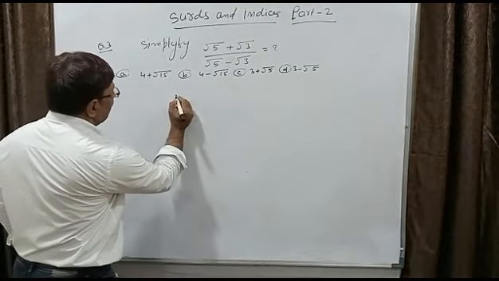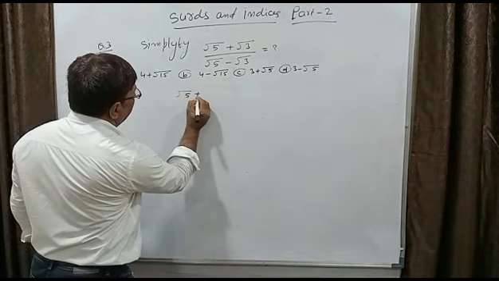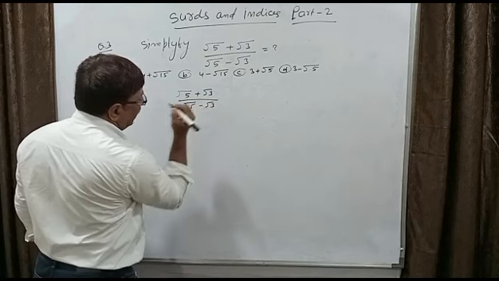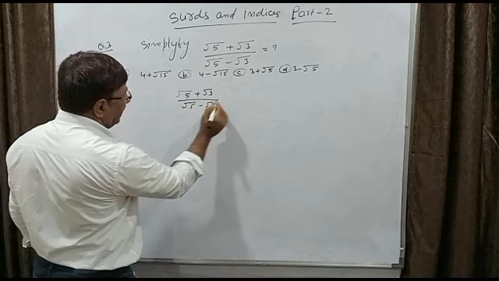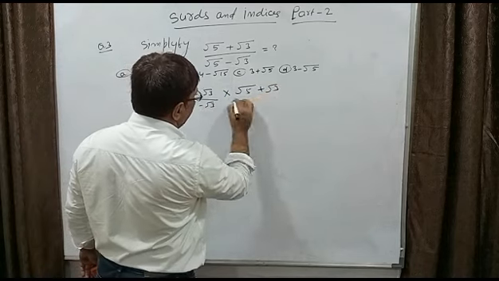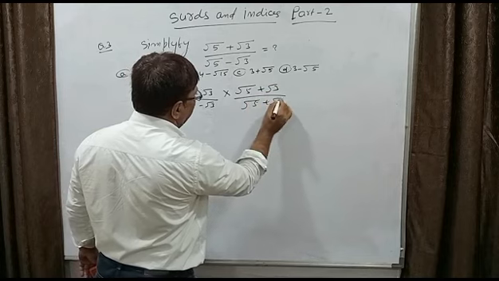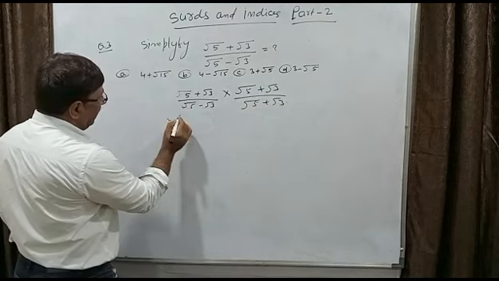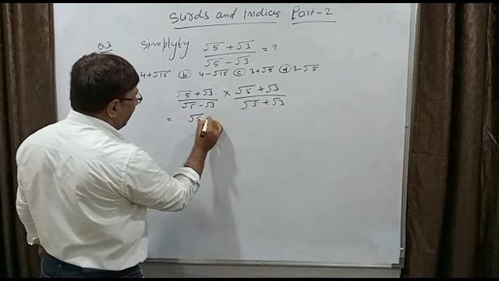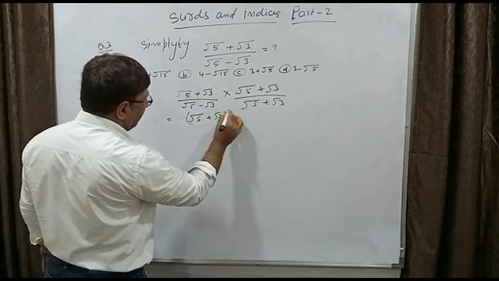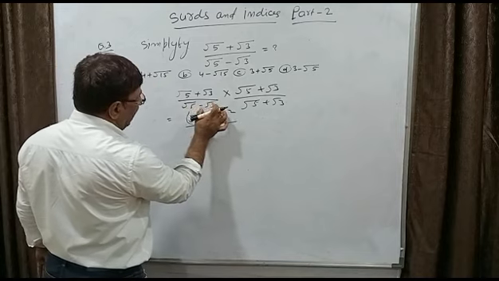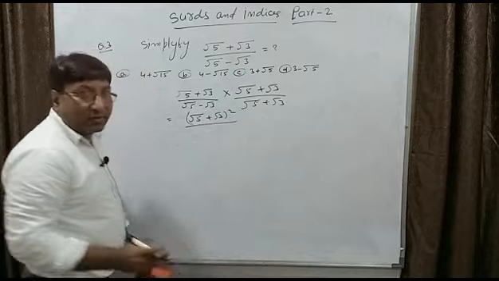So let us see. This is root 5 plus root 3 divided by root 5 minus root 3. Multiply by root 5 plus root 3 in both. So in the numerator we can write root 5 plus root 3 whole squared. In the denominator, root 5 minus root 3 times root 5 plus root 3.